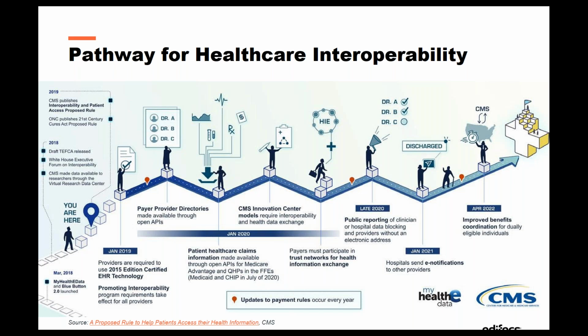Promoting interoperability, moving to provider directories, making patient data available, all the information that you need to be able to send. Then trusted health networks, connecting to those, the reporting in late 2020, reporting clinical information, making sure electronic addresses are available in directories, and then notifications, and then improved benefit coordination. So we do have a journey here. We do have a path. Let's see if we can move forward.